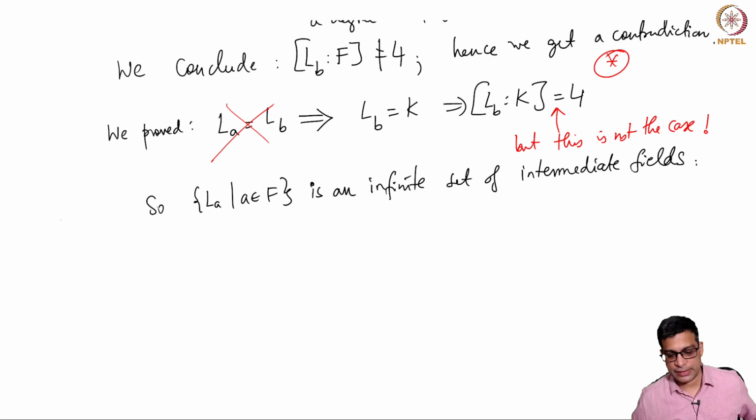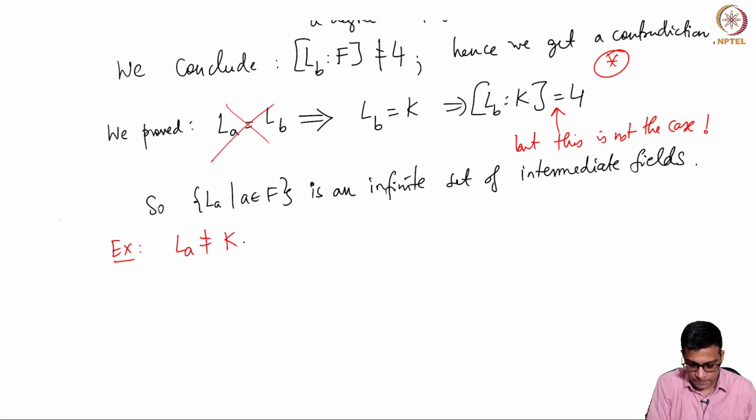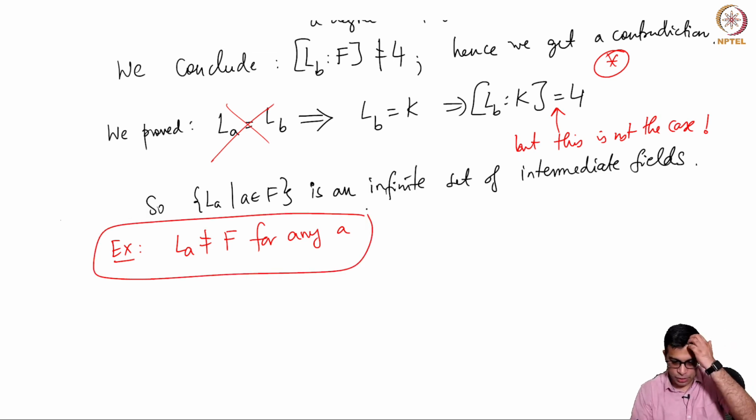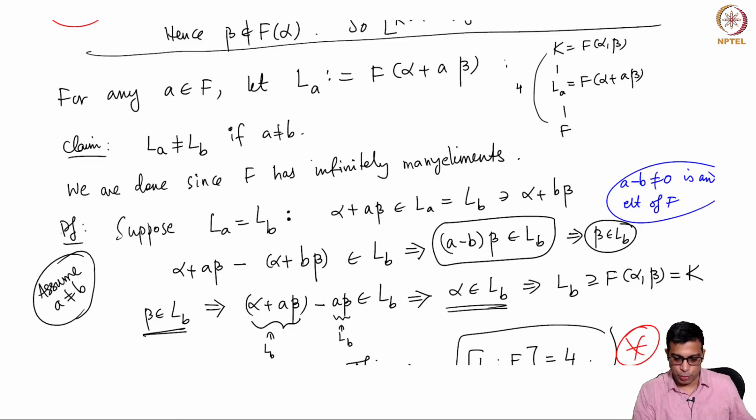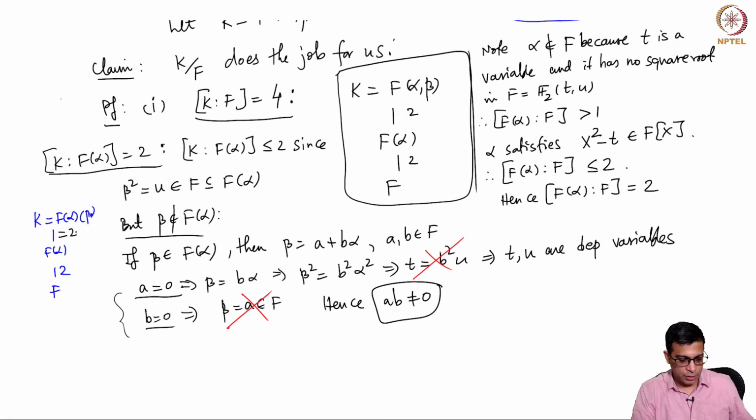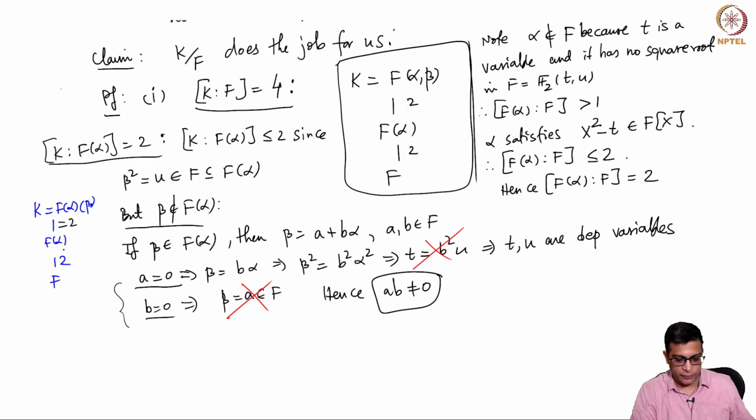Okay, so you can separately prove as an exercise that L_A can never be equal to F for any A. You can prove this separately using the same kind of arguments that we used here in proving that, for example, K is not equal to F(alpha).